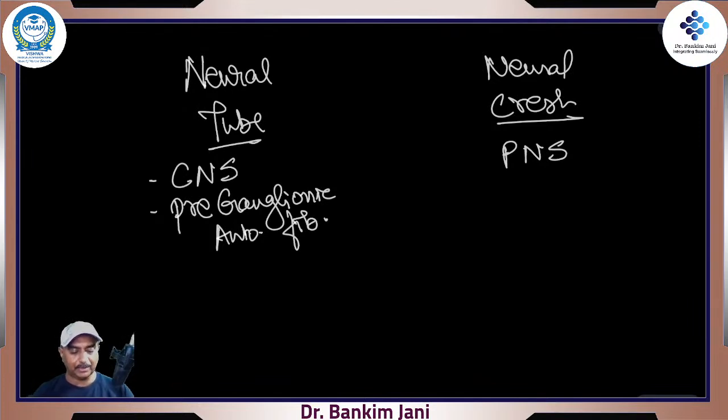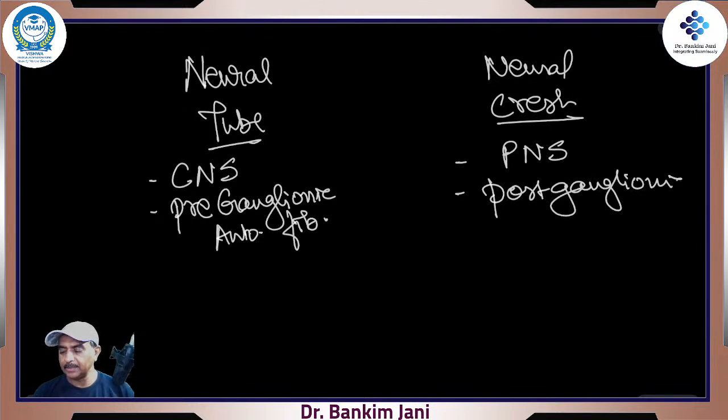So preganglionic fibers, they are from neural tube. Postganglionic, they will be from neural crest, right? Postganglionic. So far it is easy, right? Retina is considered as part of the brain. So we never forget the retina. So retina is part of that brain.